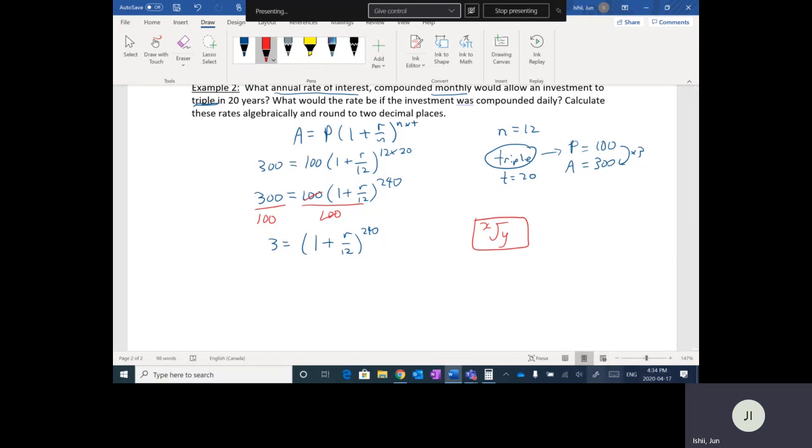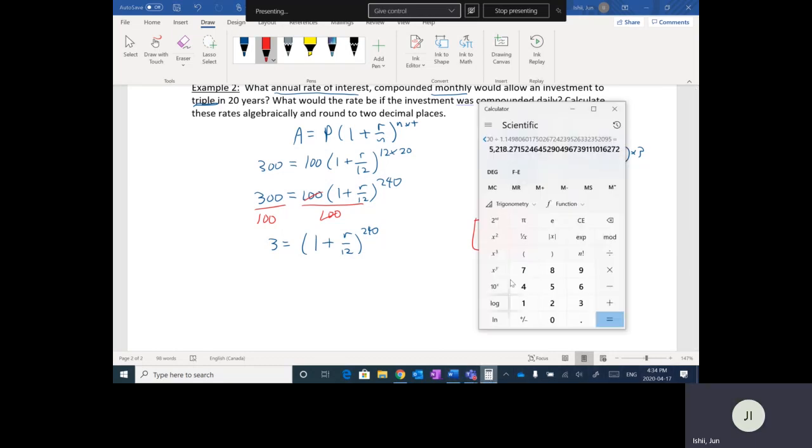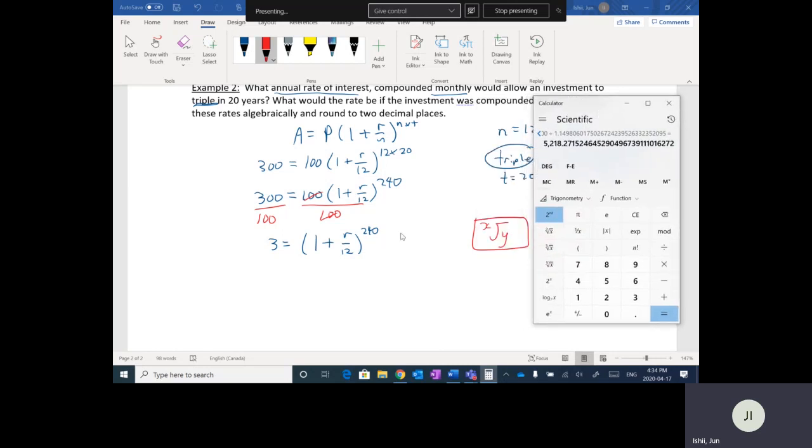Let me look at mine. Actually, yes, my calculator has this, so I can find the 240th root of 3. That being said, some calculators won't have that, so I'm going to show you another method too.